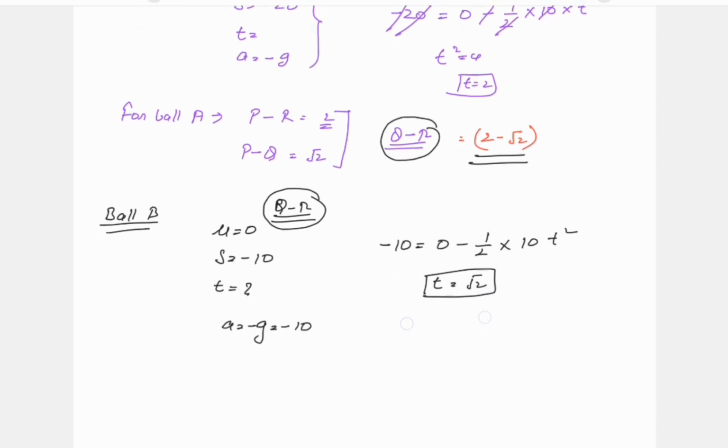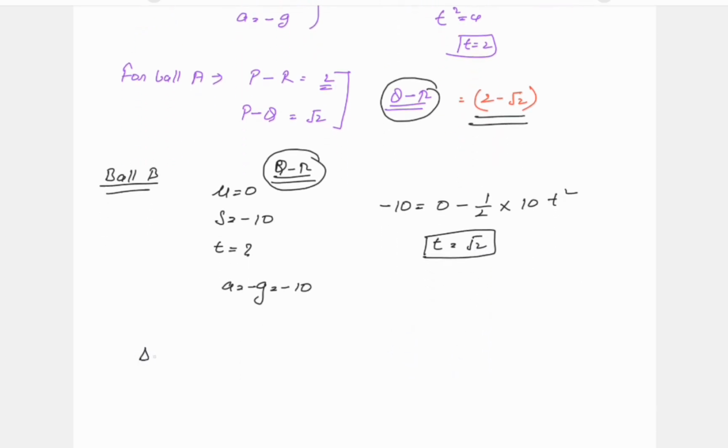Now you can easily find the time difference, the difference between the times taken by the balls to hit the ground. Delta t is root 2 minus, this is the time taken by ball B, minus 2 minus root 2, which is going to be root 2 minus 2 plus root 2, which is 2 root 2 minus 2 seconds.